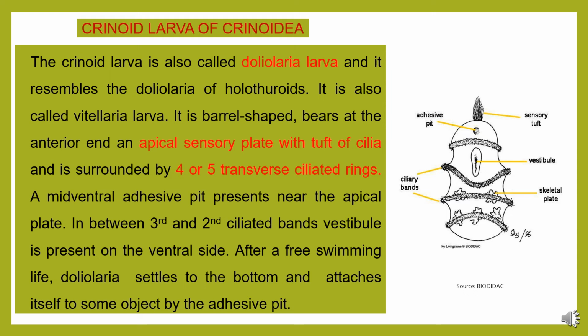The crinoid larva is also called Doliolaria larva, and it resembles the Doliolaria of holothuroids. It is also called Vitellaria larva. It is barrel-shaped, bears at the anterior end an apical sensory plate with a tuft of cilia, and is surrounded by 4 or 5 transverse ciliated rings.